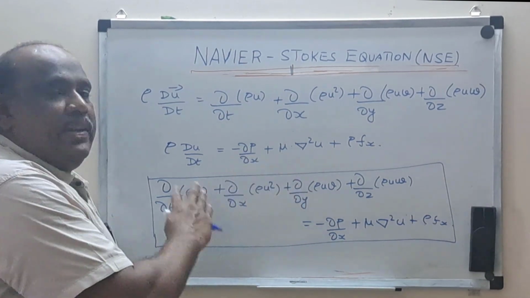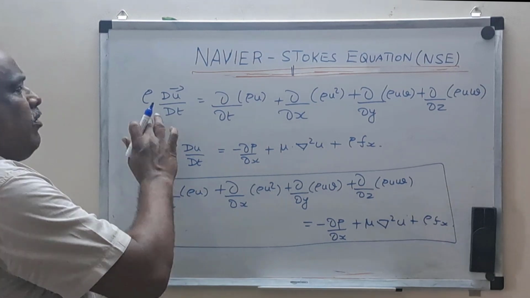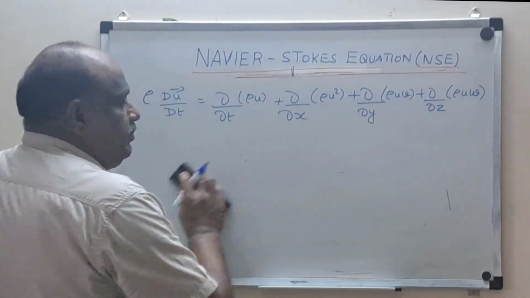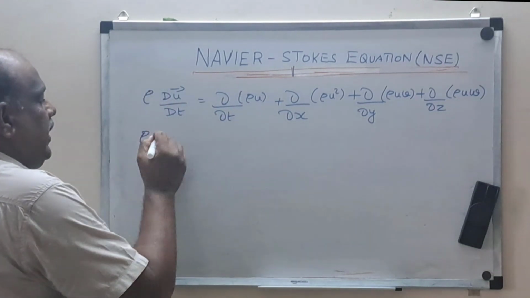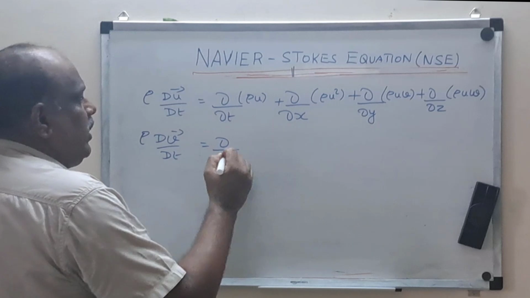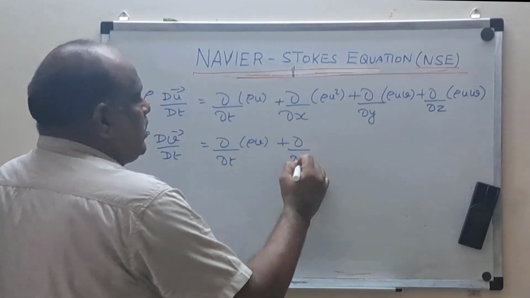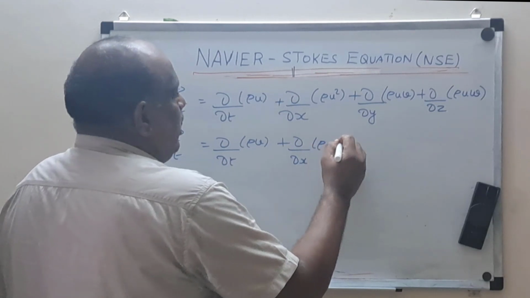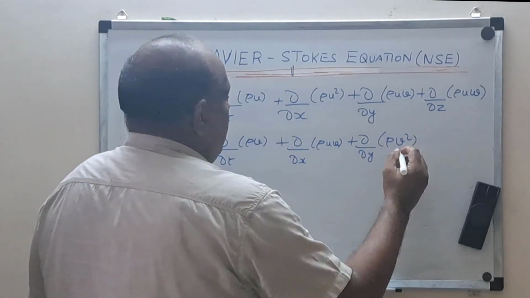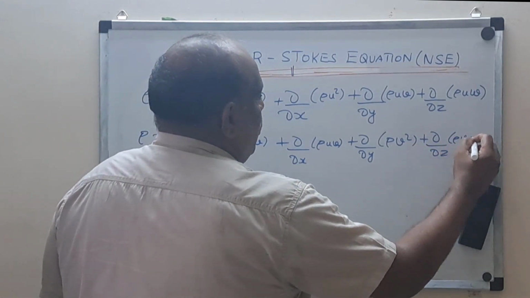But we have modified the left hand side. Similarly, like what we have written for ρ du/dt, we can also write for ρ dv/dt, which will be equal to ∂/∂t of ρv plus ∂/∂x of ρuv plus ∂/∂y of ρv squared plus ∂/∂z of ρvw.